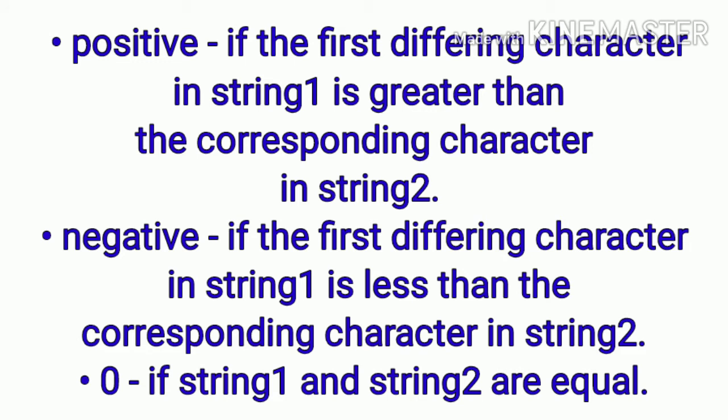If the output is a positive value, here string 1 is greater than string 2. If the output is a negative value, then string 1 is less than string 2. If the output is 0, both the strings are equal.